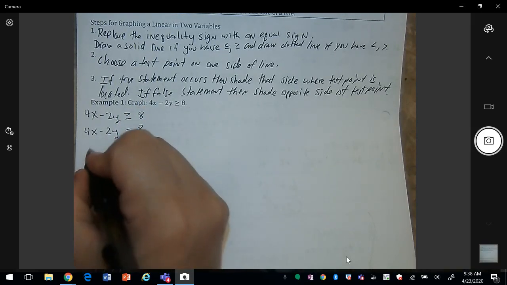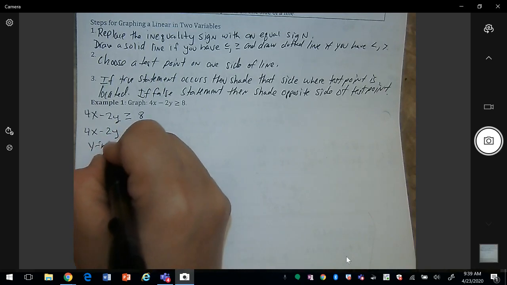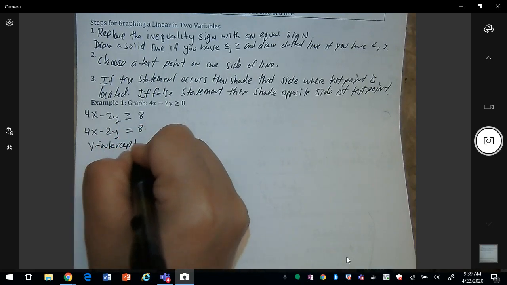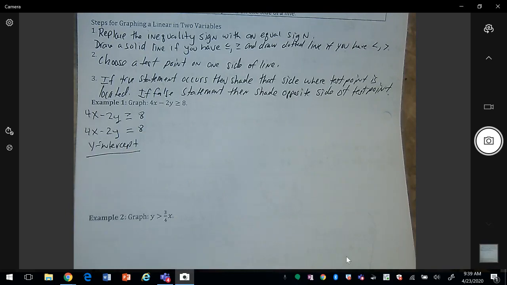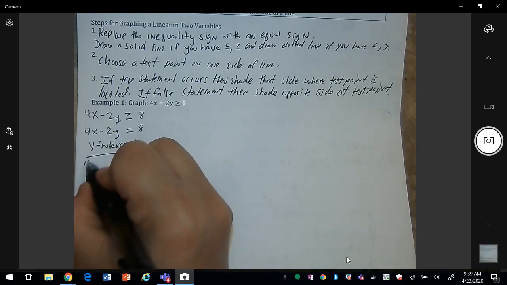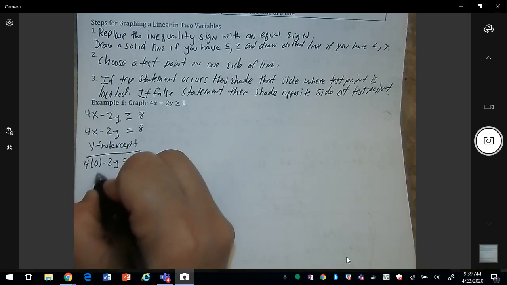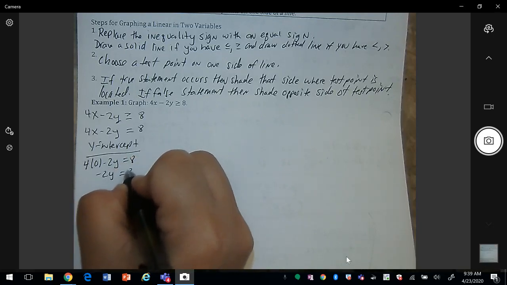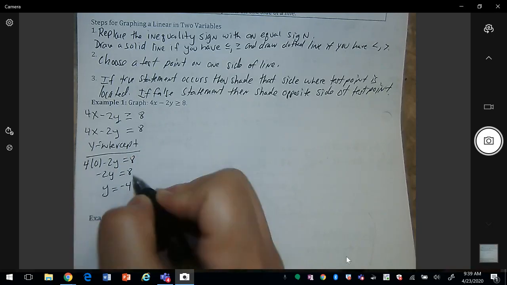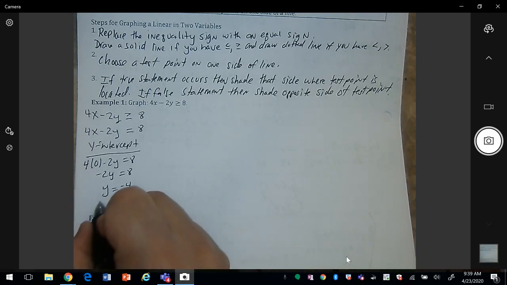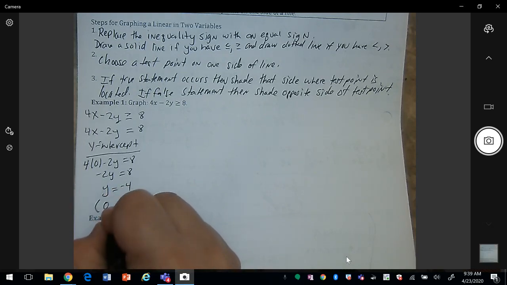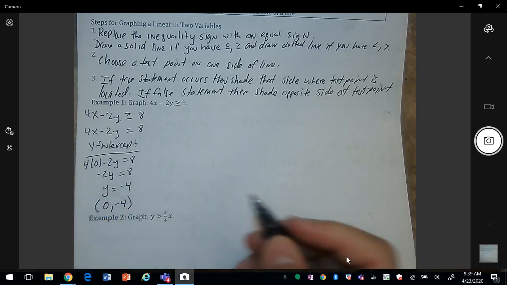And then I'm going to use the y-intercept. Remember, the y-intercept is whenever x is equal to 0, and then we solve for y. So y is equal to -4, so my y-intercept is at 0, -4.